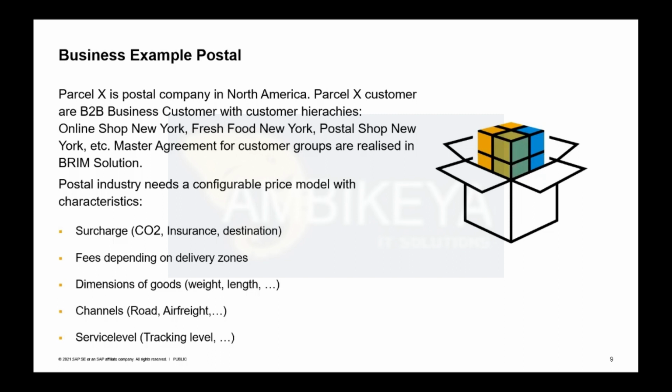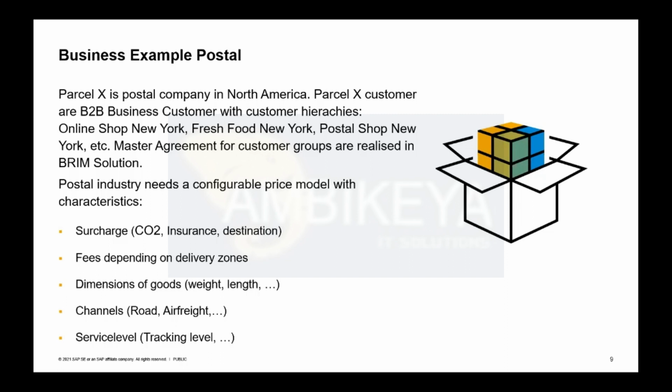Often they define fees depending on delivery zones. Is it far away, short distance, long distance? And the goods often have a lot of dimensions like weight, length, and so on. Then additionally, you can make a difference between channels, road or air freight, and you also have different service levels at tracking level.